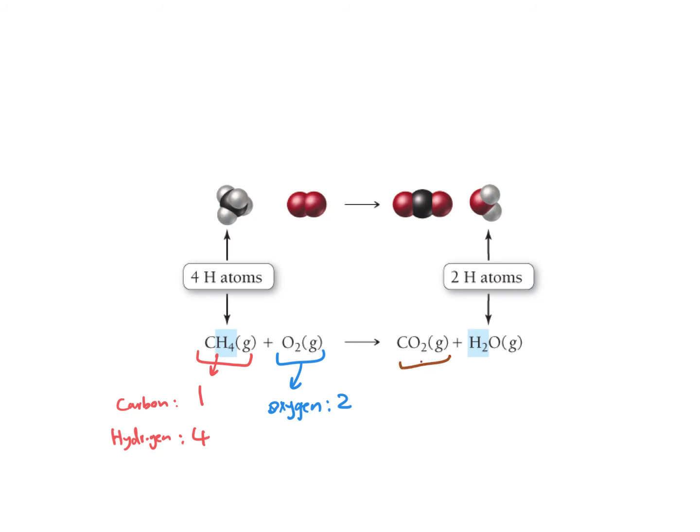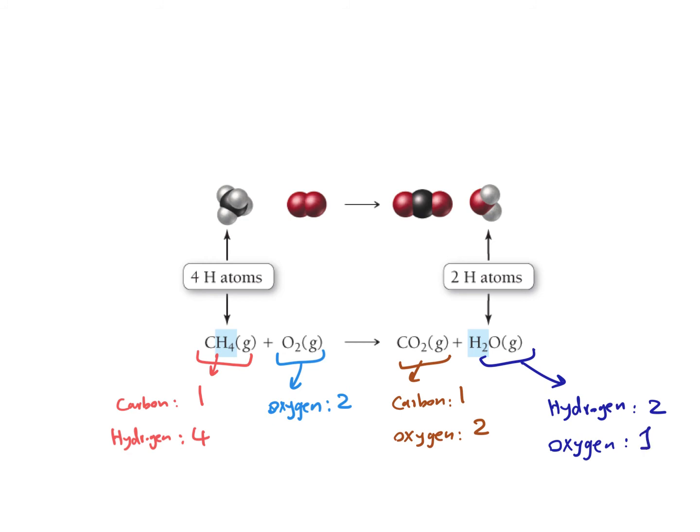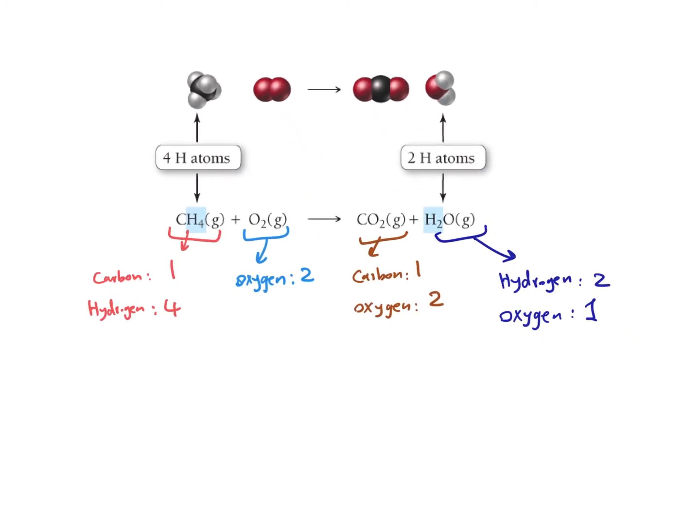For carbon dioxide, what elements do I have? Carbon, oxygen, right? How many carbon atoms do I have? How many oxygen atoms? And finally, for water, which elements do I have? How many hydrogens? How many oxygens? 1. So in general, in total, let me choose indigo.